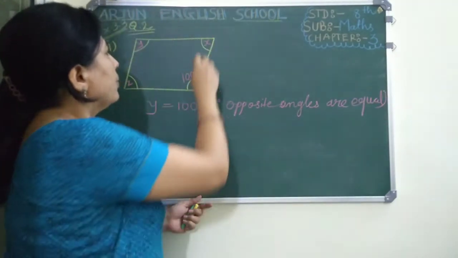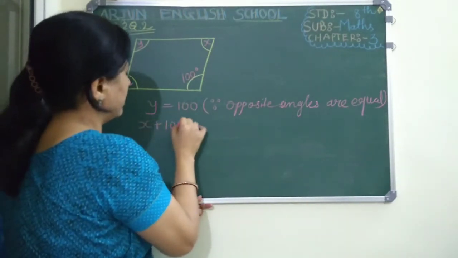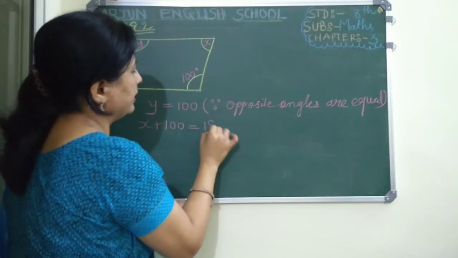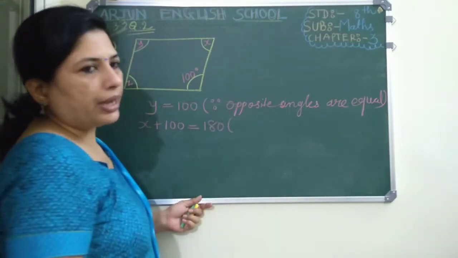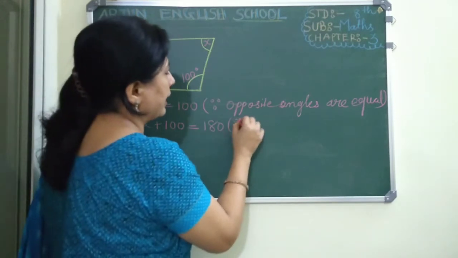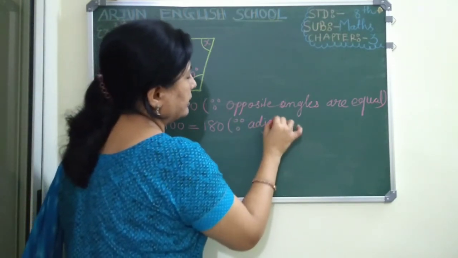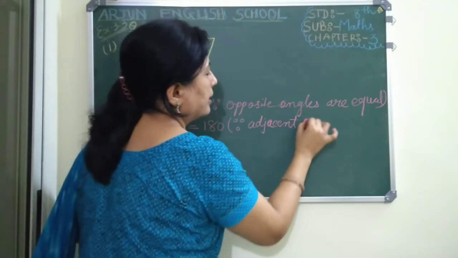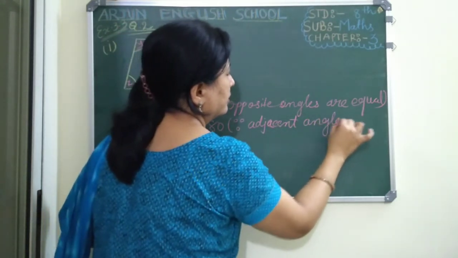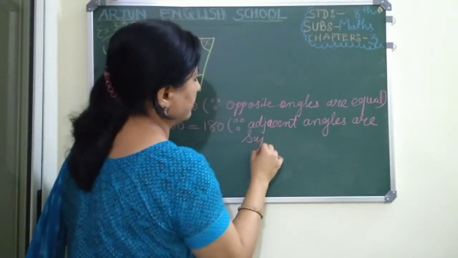Now X plus 100 is equal to 180. Here we are using the property of adjacent angles, so we will write because adjacent angles are supplementary.